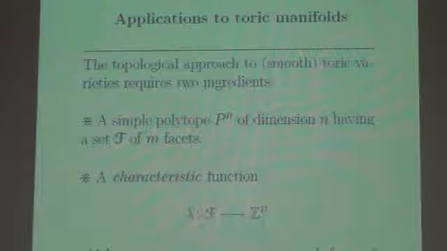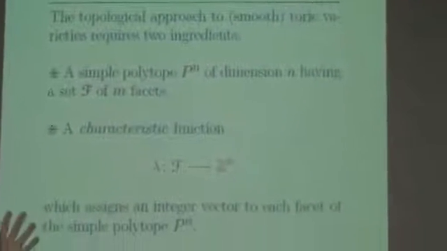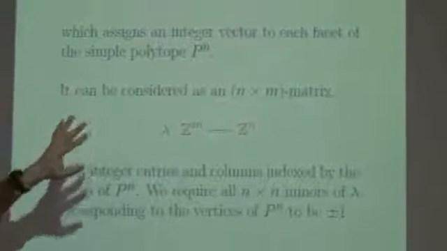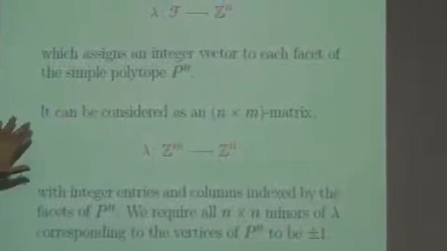So to the topological approach to non-singular toric varieties, you have to have 2 ingredients, a simple polytope of dimension n and a set of m facets, and n and m are the same in my whole talk.